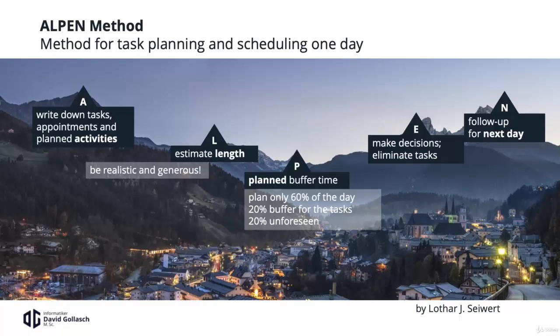So we have to do more stuff than time is available, and there we have to sacrifice some tasks. So we have to eliminate the less relevant stuff in favor of the more relevant stuff, of course. So you have to make decisions and eliminate tasks that you thought you had to do today.